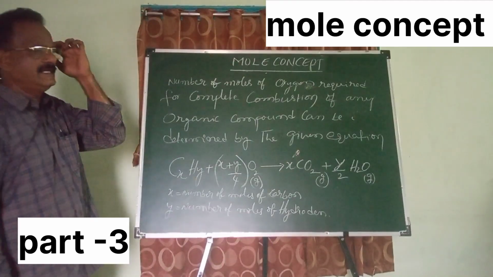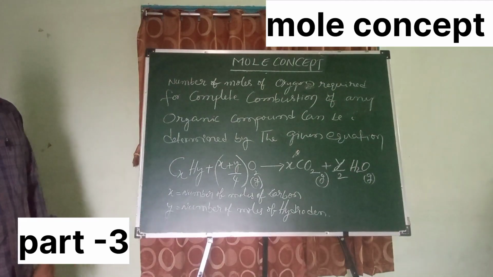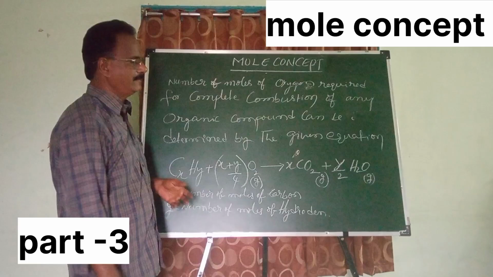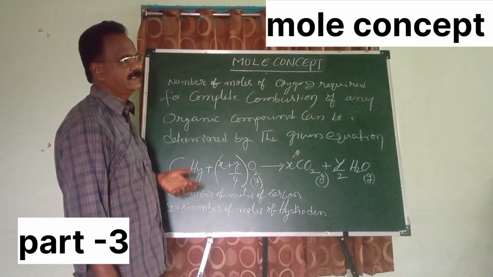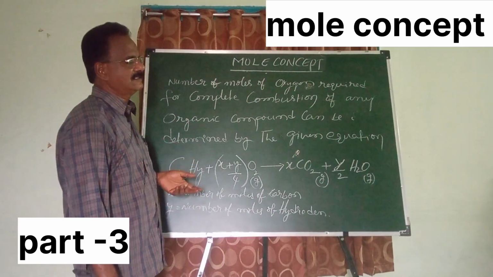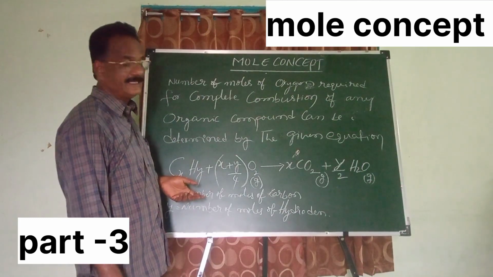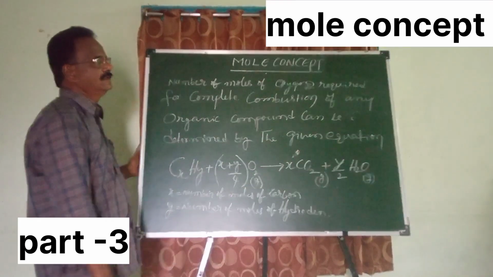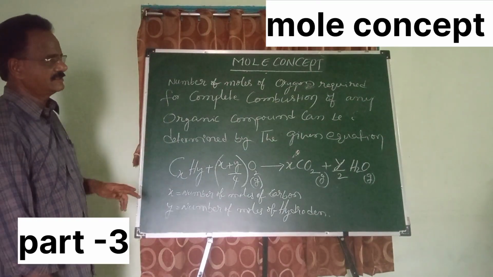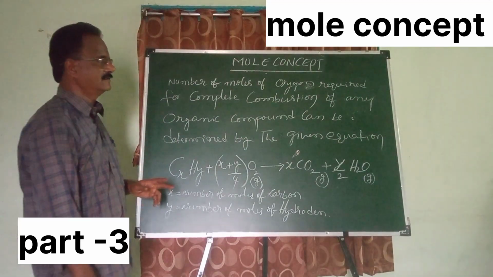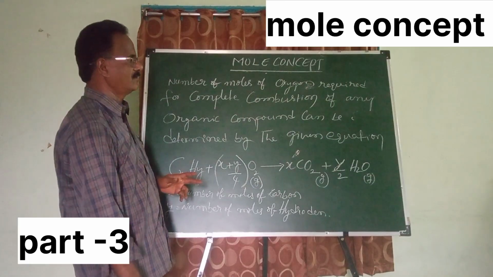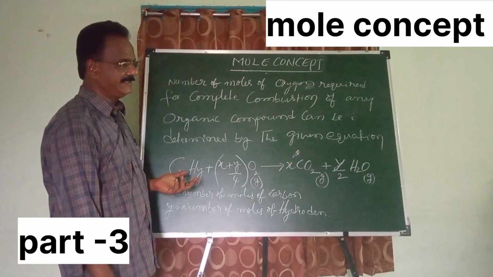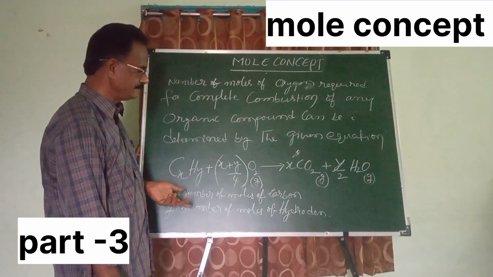Based on the values of x and y, the number of moles of carbon dioxide released, moles of H2O released, and moles of oxygen required can be determined. Is it clear? So this is the empirical equation to calculate the number of moles of oxygen required for complete combustion of any organic compound. Is it clear?